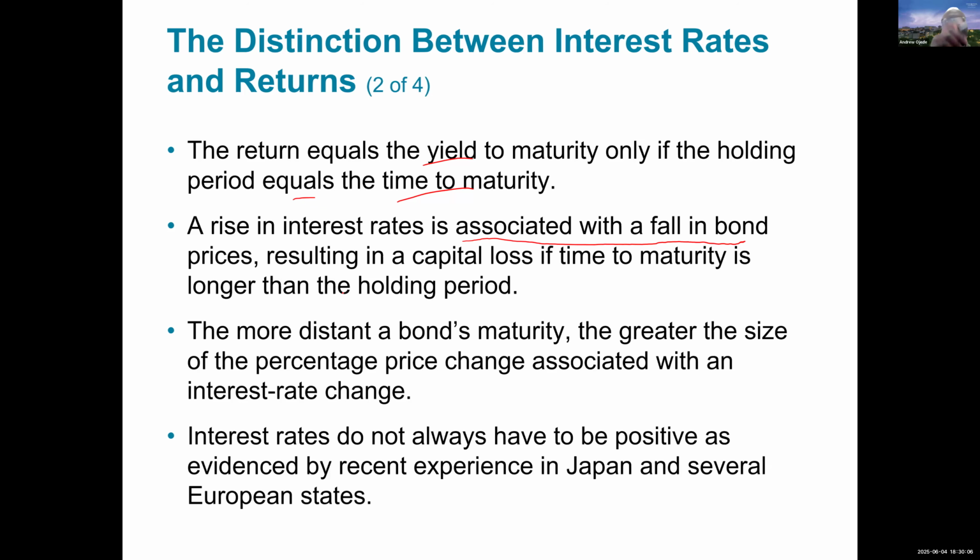Okay? And the more distant a bond's maturity is, the greater is the size of the percentage price change associated with an interest rate change. What do I mean by that? So if you have different types of bonds, like a 2-year bond, 3-year bond, 5-year bond, 10-year bond, up to 30-year bond, let's say I buy a 5-year bond, somebody else bought a 10-year bond, somebody else bought a 30-year bond, somebody else a 1-year bond.